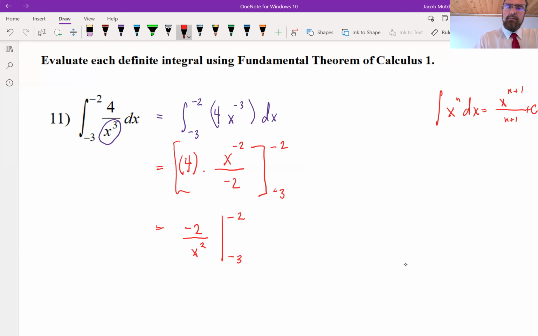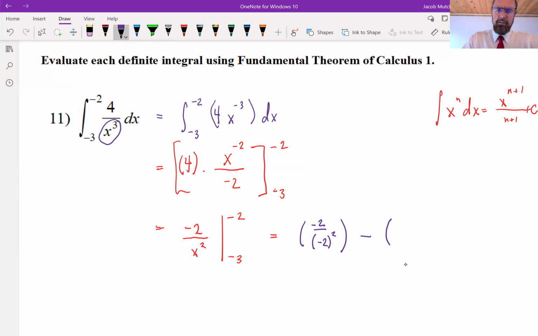So again, let's simplify that. I'll apply the fundamental theorem of calculus 1. So my first term, I'm going to substitute in the upper limit. So negative 2 over negative 2 squared. And I'm going to subtract. So remember, fundamental theorem of calculus is f at b minus f at a.